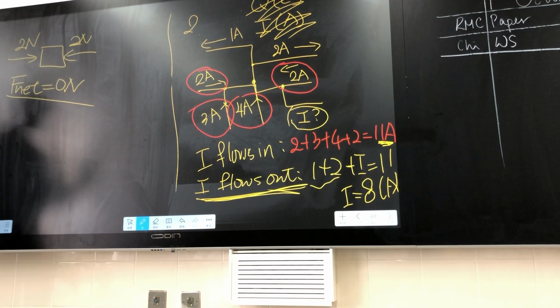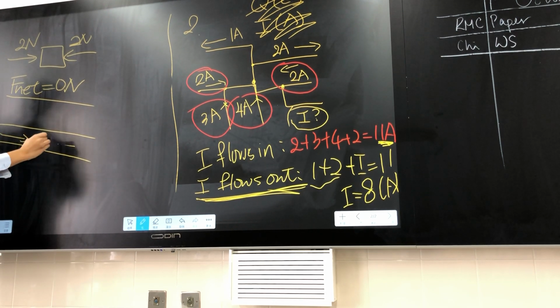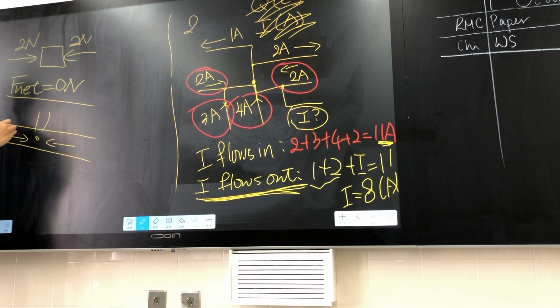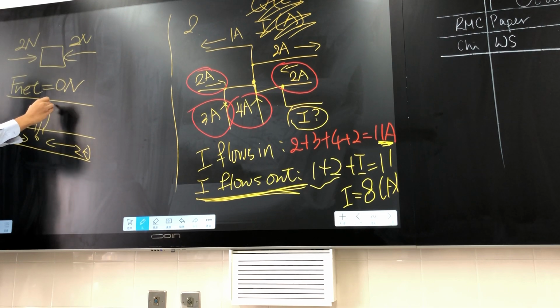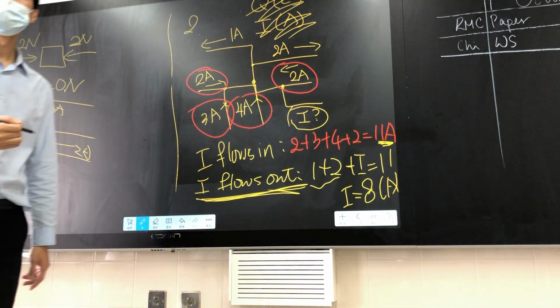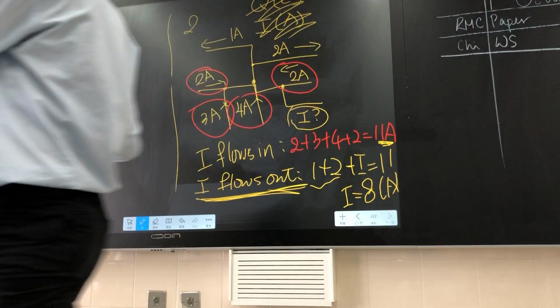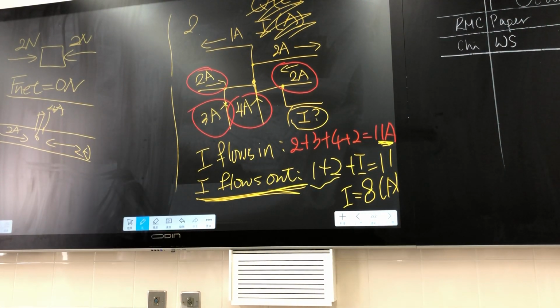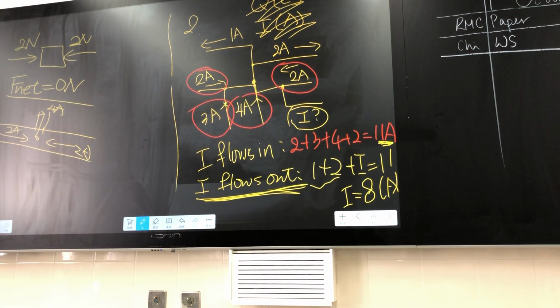However, if you have two currents flowing to the same point, will the current become 0? No, the current will become 4A. Okay? So actually, the current doesn't obey the laws of vectors. So current is not a vector. Okay?